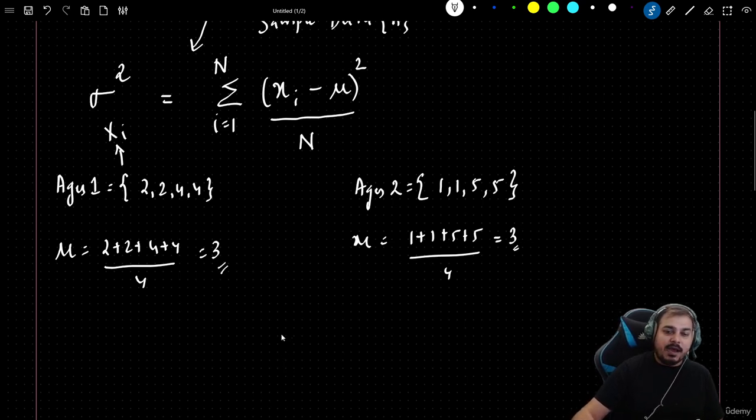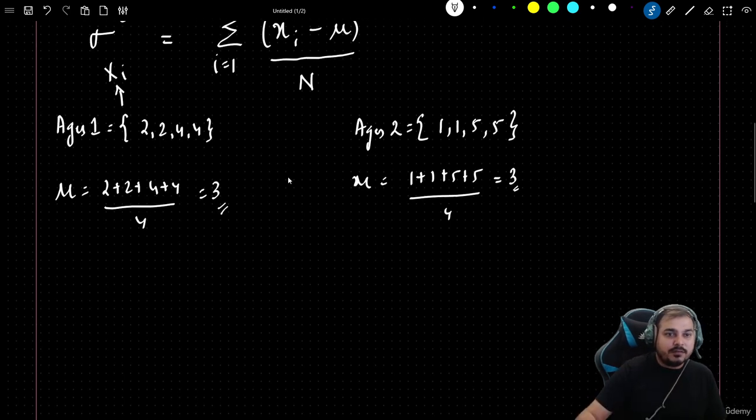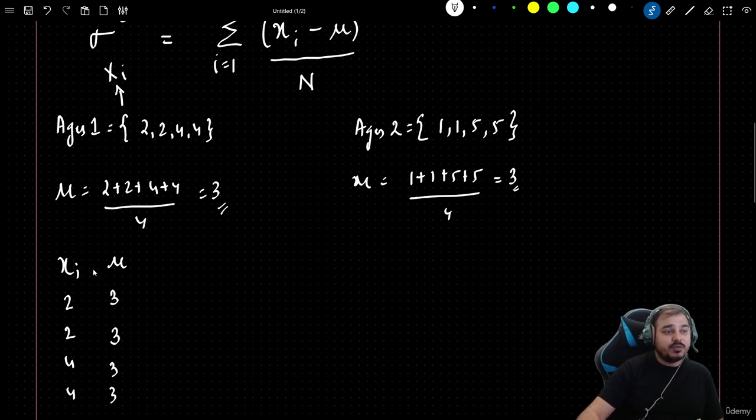Now the next step, let's compute this entire formula. First of all, I'm just going to write x of i. So here I have values like 2, 2, 4, 4, and then the mean, which is going to be 3. For the entire thing we're going to use 3. Then x of i minus mu whole square.